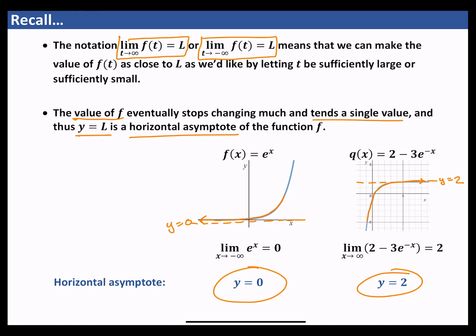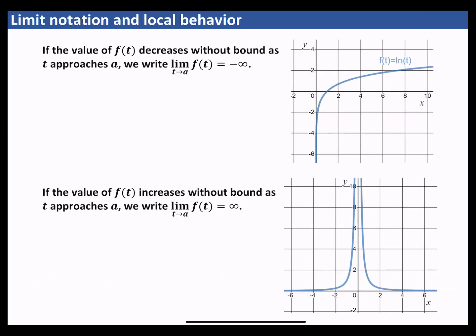We can use limit notation in related natural ways to express other patterns we see in function behavior. Specifically, we're interested in thinking about input values approaching a particular value at which the function is not defined. For example, consider this graph of f of t equals the natural log of t. We know the natural logarithm function is not defined at t equals 0, and that as t approaches 0, the outputs of the natural log of t decrease without bound.